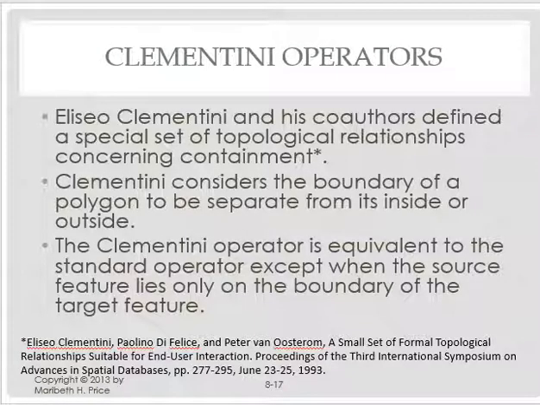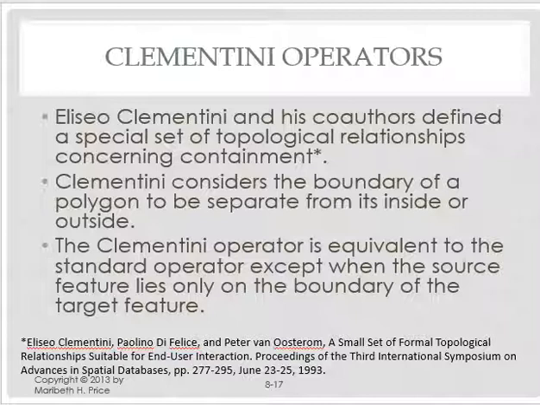So this is the explanation from the Price set of slides, that there was a discussion about if you have a line that's a border, a boundary between two places, is that real, or is it really not a physical thing on the landscape, it's a location. And so is that boundary inside or not?